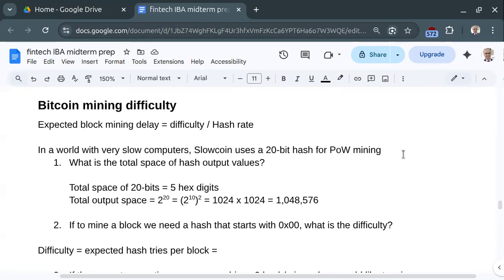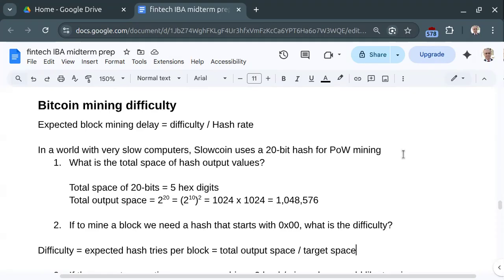Another way of thinking about difficulty is think about the total output space divided by target space. How much bigger is my total output space when compared with the target space?